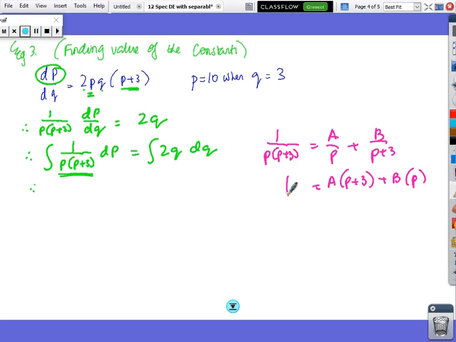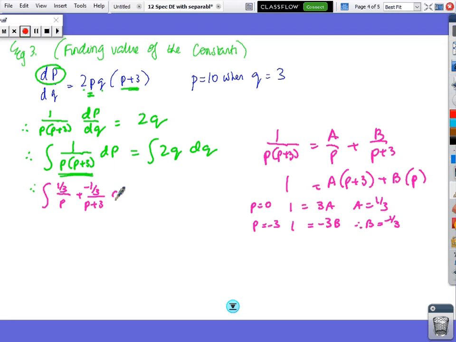So make P equal to 0, so 1 equals 3A, so A equals a third. Make P equal to minus 3, so 1 equals minus 3B, so B equals minus 1/3. So over this side we've got 1/3 over P, and B is minus 1/3 over P plus 3, dP equals 2Q dQ.